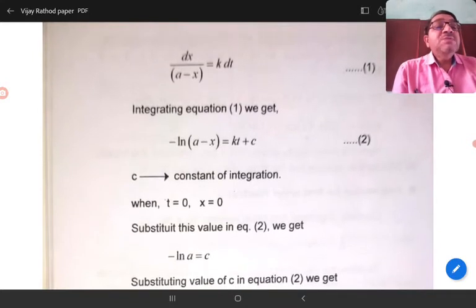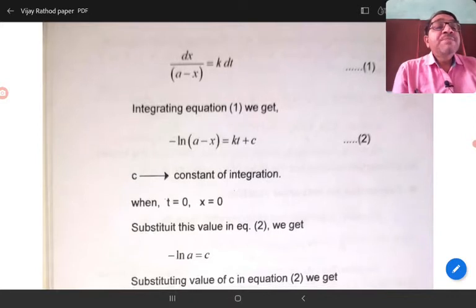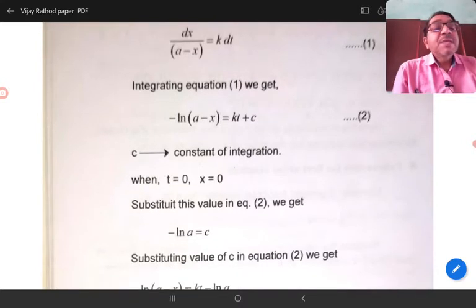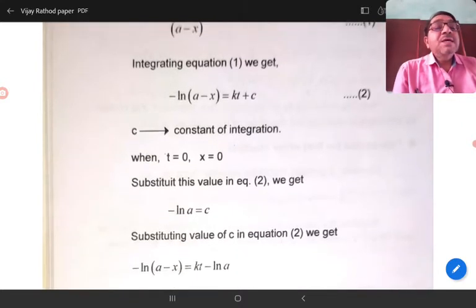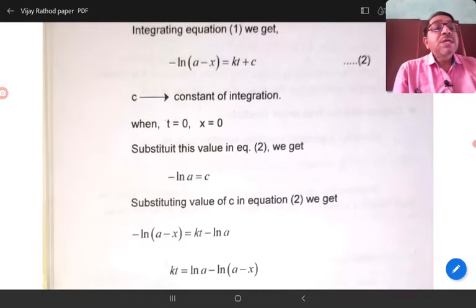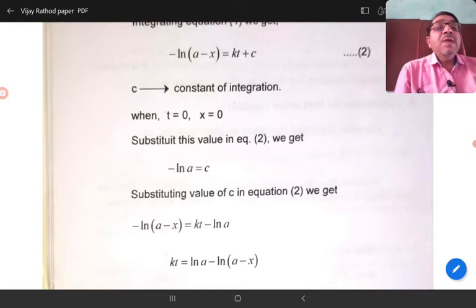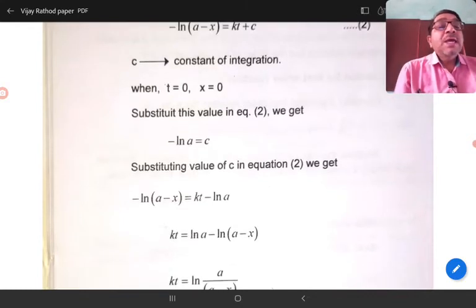When we consider t equal to 0 and x equal to 0, and put these values in equation 2, that is minus log of a minus x is equal to kt plus c, we get the simplified form, minus log a is equal to c. Substituting the value of c in equation 2, we get minus log of a minus x is equal to kt minus log a.